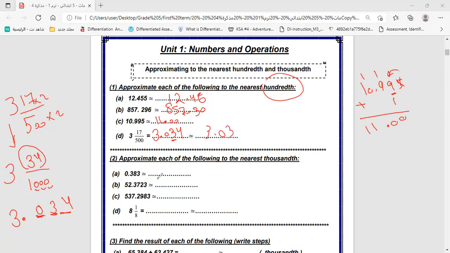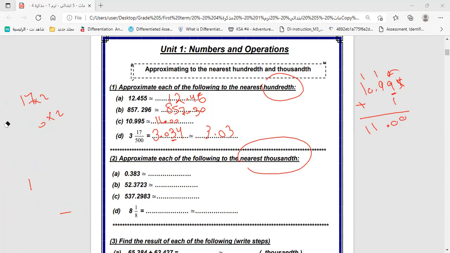This is my answer. Okay, to the nearest thousandth, grade 5, by the same way, but here we will circle the thousandth digit. 0.383. Tenth, hundredth, thousandth. This is the thousandth digit. Besides it, I have nothing. Having nothing means having 0. 0 is weak, as we said in the beginning, so it will not give the 3 any number.